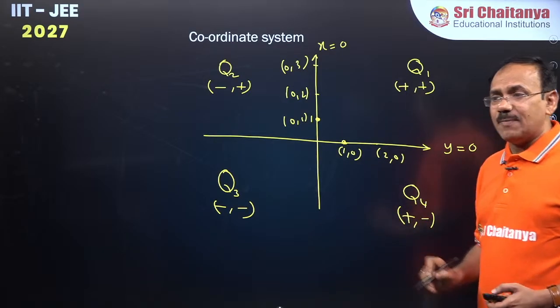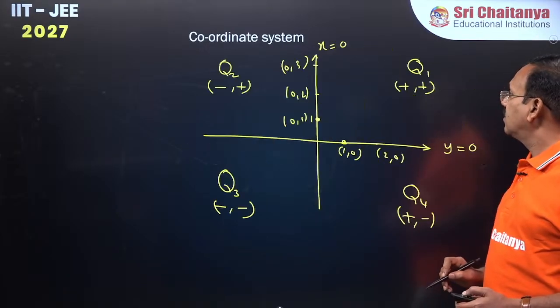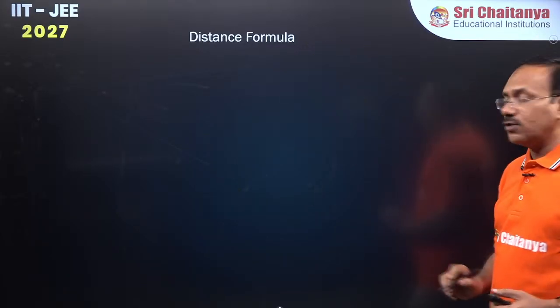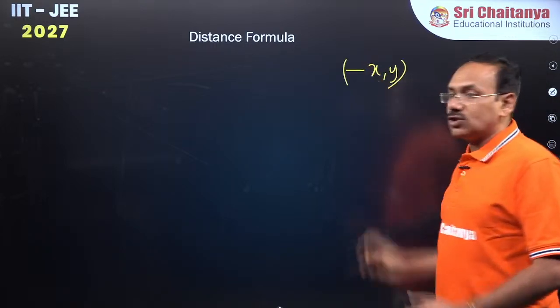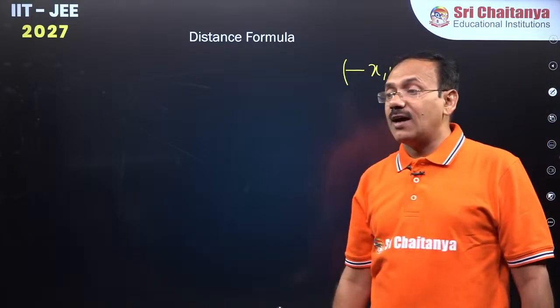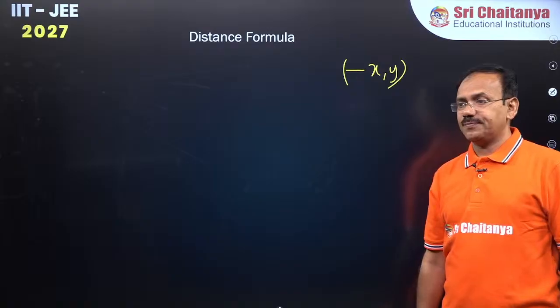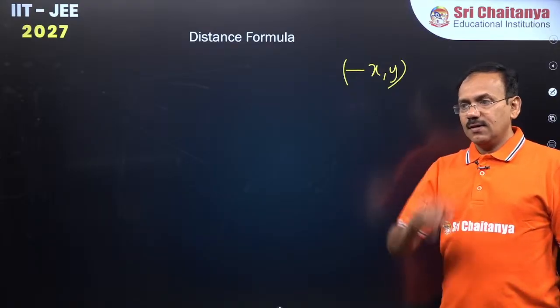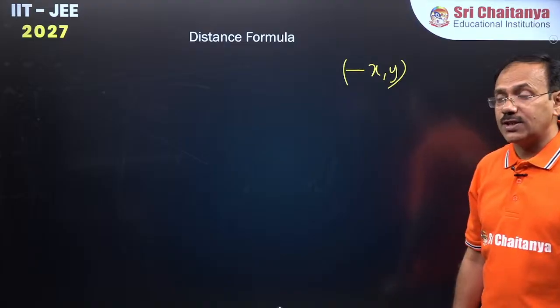Now, just let me ask some questions. Try to answer, dear students. Before I go to the distance formula, (minus x, y) belongs to which quadrant? Please text. (Minus x, y) belongs to which quadrant?